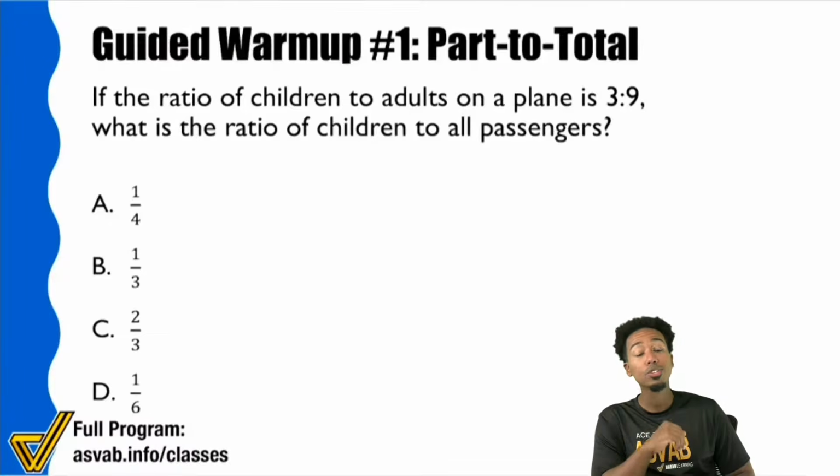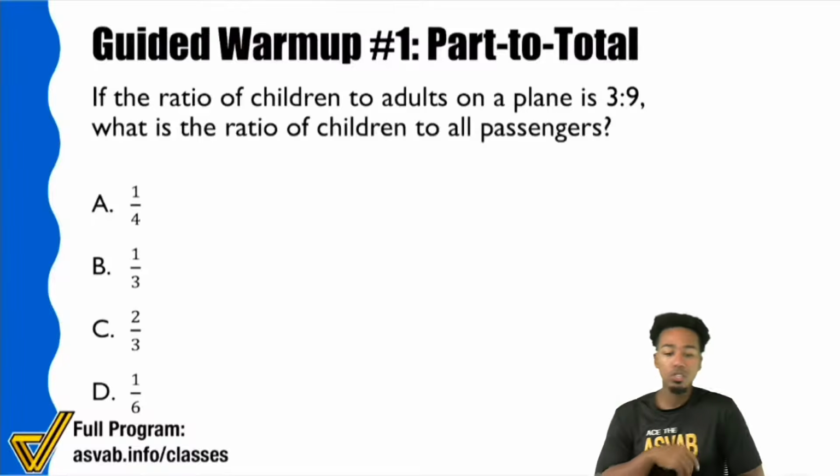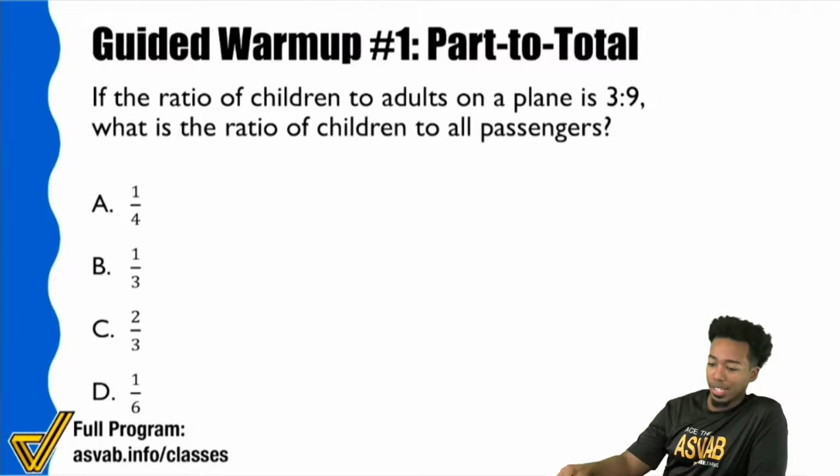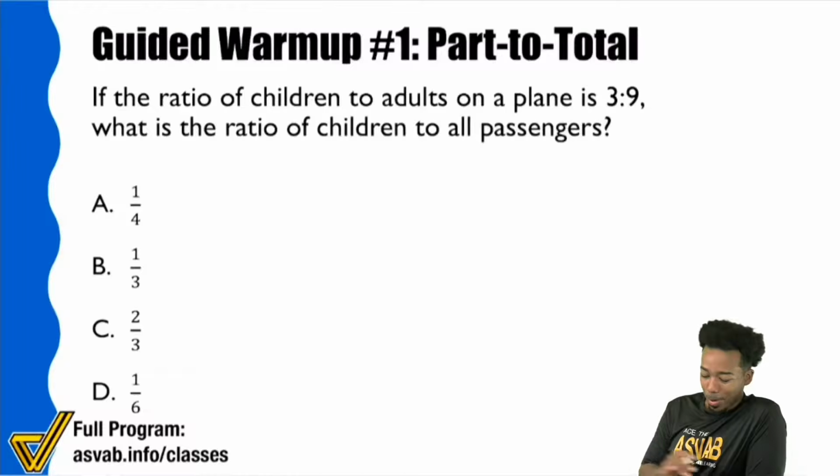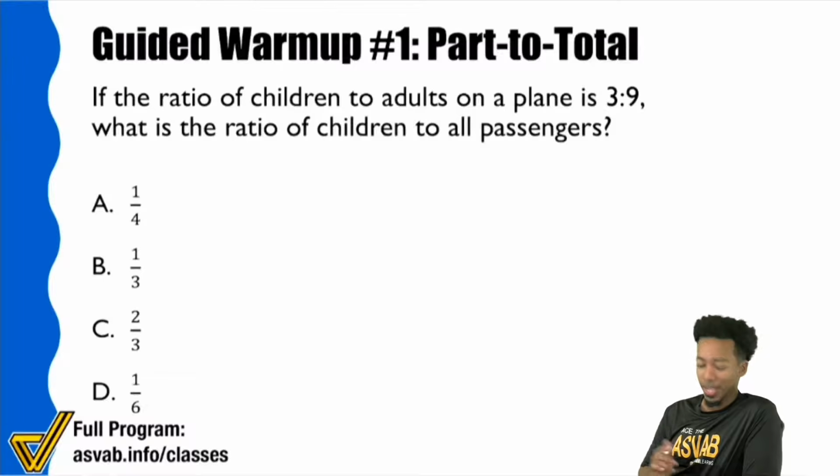Let's start slow. This is all one sentence, but it's very confusing if you don't know what you're looking for. If the ratio of children to adults on a plane is 3 to 9, what is the ratio of children to all passengers?